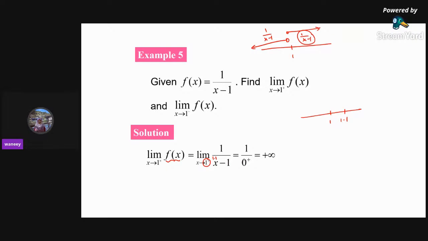That is why we have 0 with a plus. What it means is that as we approach 1 on the right hand side, when we subtract 1 from that number, we simply get some positive number, but closer to 0. So positive, but closer to 0. That is why this is 0 with a plus. So this is 1 divided by some positive number. That is why the symbol here will be positive infinity.